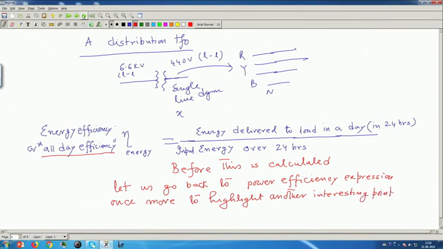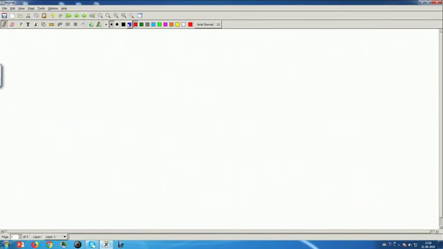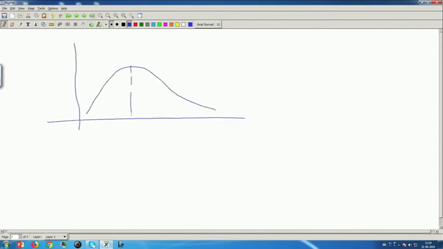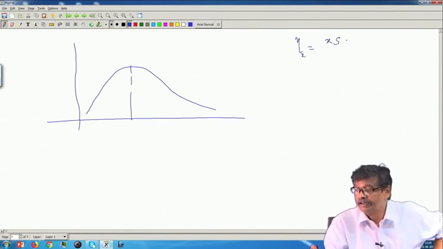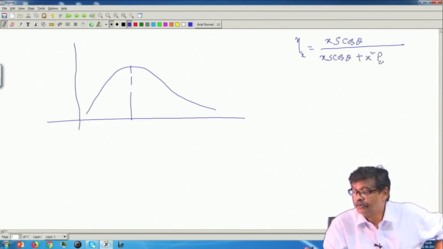Okay. So, let us see what this is. We have seen that the efficiency curve will be somewhat like this. It will have a peak, and eta at any degree of loading x is like this: output kilowatt divided by output kilowatt plus x square P copper full load plus P core constant, we know that.